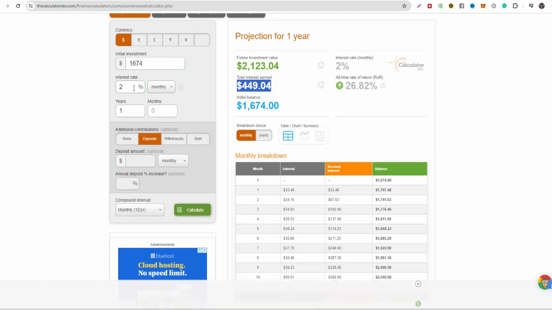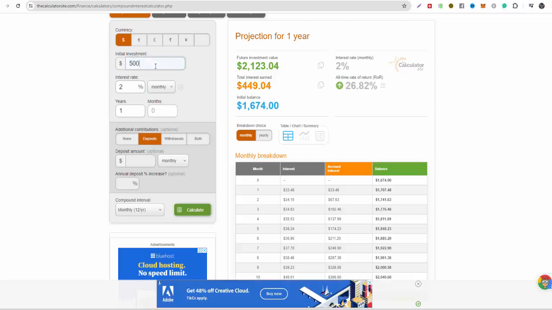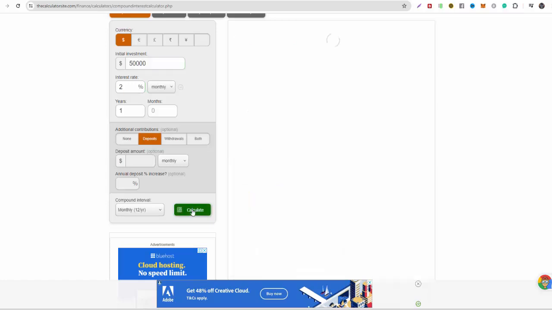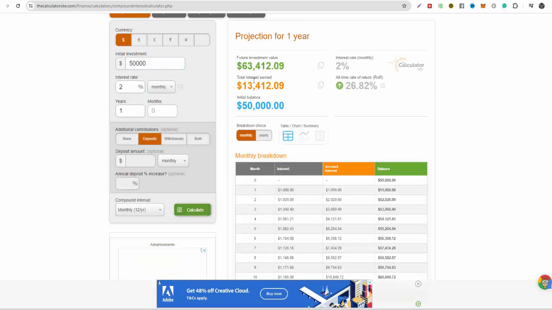Now let's look at 2% of somebody trading $50,000. For 2% every month for 1 year, look at it. So we have $13,000 profit per annum.